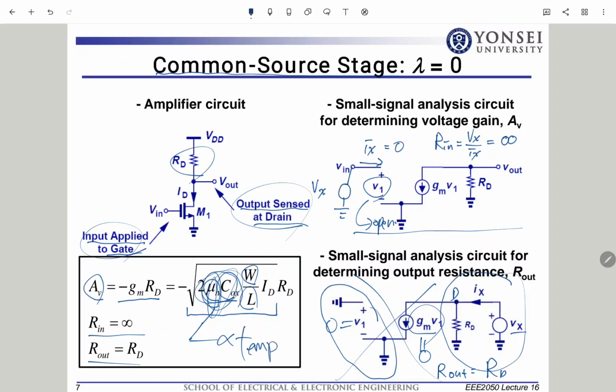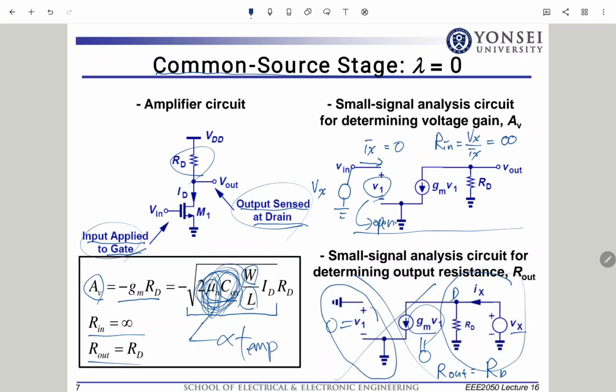If the environment temperature changes, then the performance of the transistor varies as well. So again, when we design a transistor circuit, we have to try to exclude the mu and Cox effect.